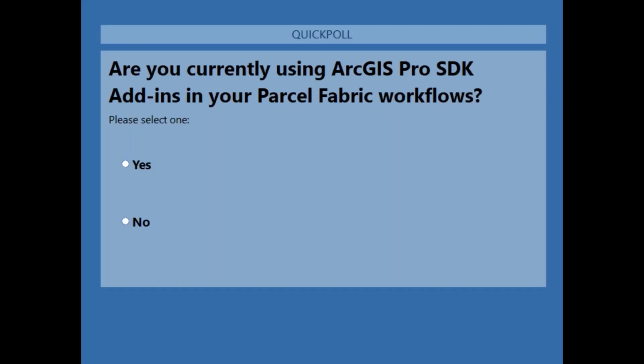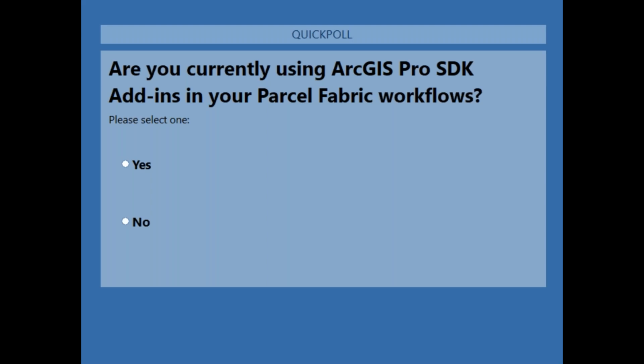Another question is, are you currently using ArcGIS Pro SDK add-ins with Parcel Fabric already or not? So when did we release the SDK for Parcel Fabric? I think it was 3.0, right, Tim, or 3.1?